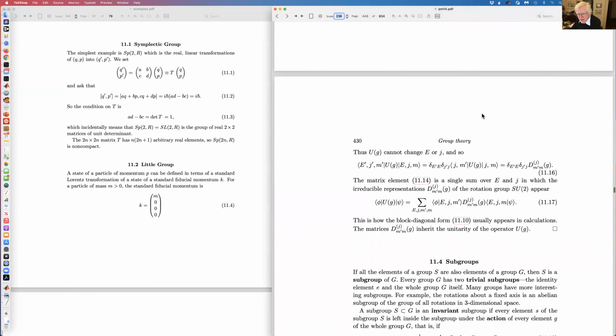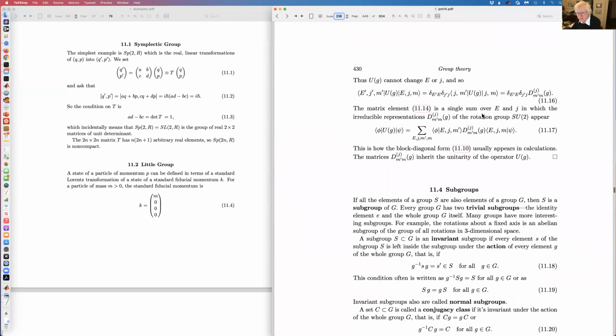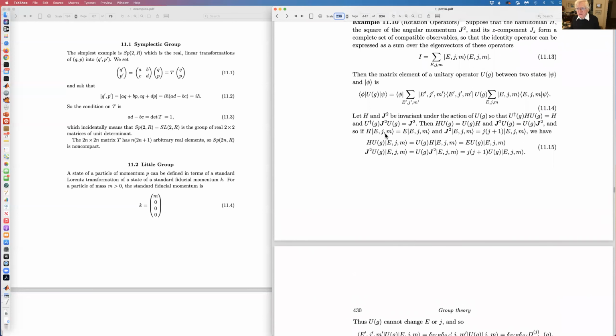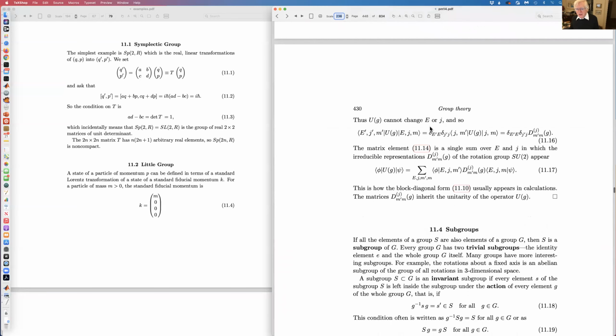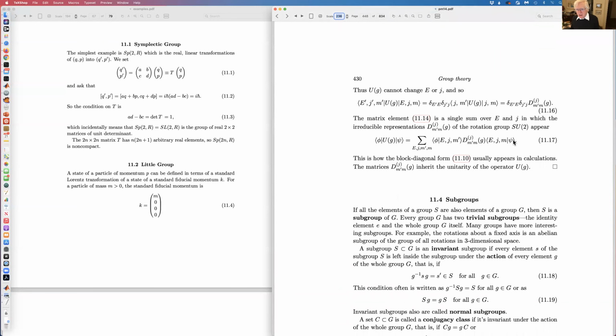And if we go through a little bit further, what you find out is that this unitary operator, which is representing basically a rotation, will have matrix elements that look like this, and we're summing here over J, M prime, and M. At least that's the way it would be initially.